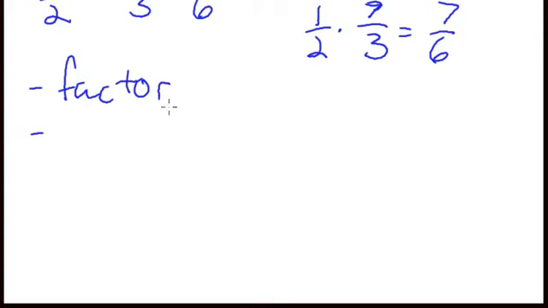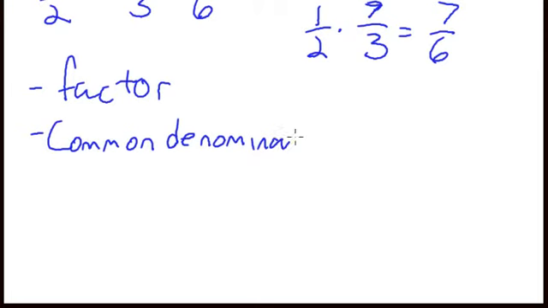A factor is when you're multiplying, it's not when you're adding, so you can only simplify when there's a common factor, which sometimes you have to look for. Also, when you're adding, you need a common denominator. Look for the least common denominator, the smallest number that both denominators go into.